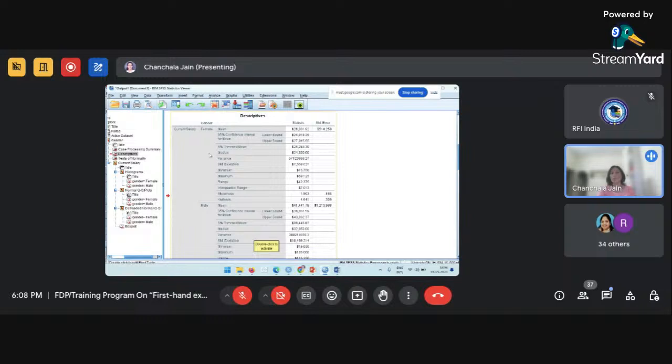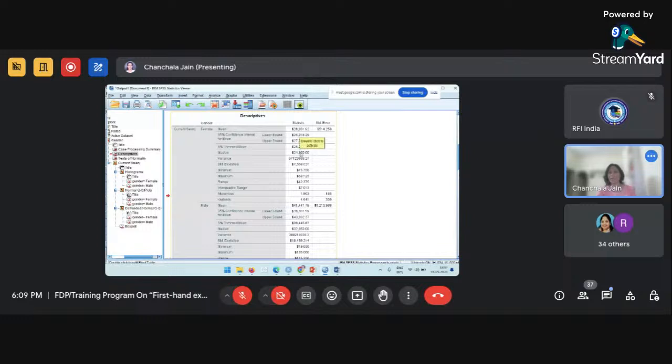So we can say for the female, mean salary is 26,031.92, right? Similarly, for the male, it is 41,441.78. 95% confidence interval for mean: I think we have already seen that if we pick any sample from the same population, the mean of that sample will be in this range, right?